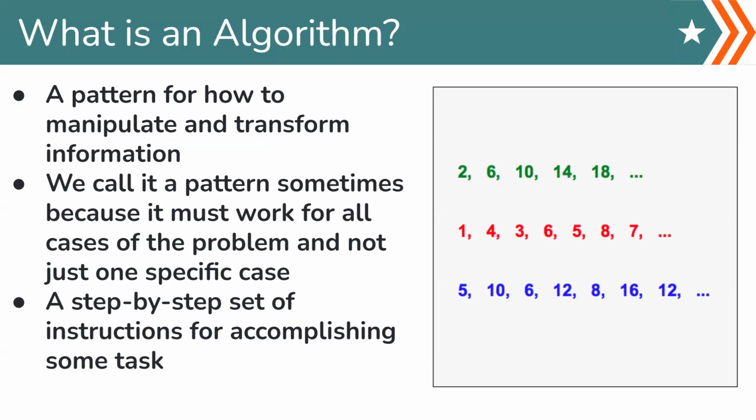You have 2, 6, 10, 14, and 18. And then you have another line here of 1, 4, 3, 6, 5, 8, and 7. I'm not gonna lie to you, I don't know what this image is doing here. But I'm assuming that what the picture is trying to convey is, you can use data algorithms, or essentially a pattern, to be able to achieve a goal, right?